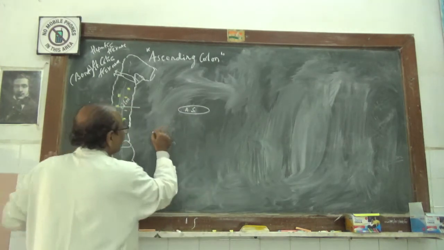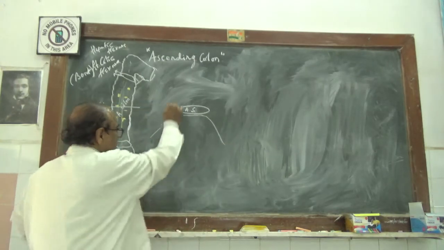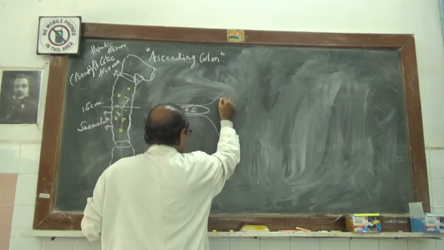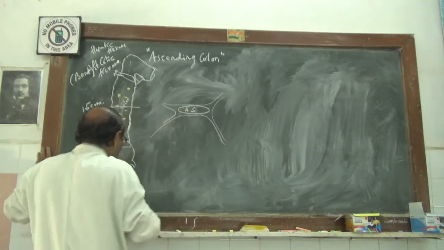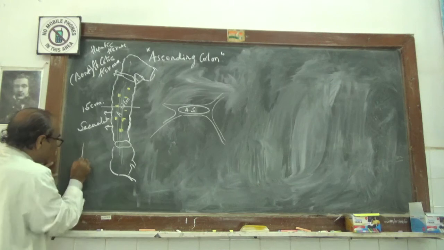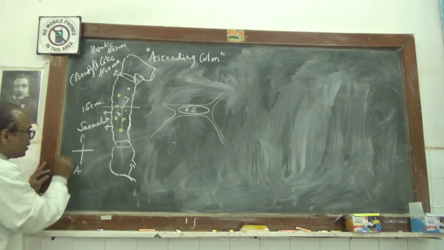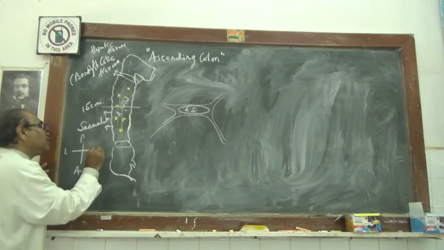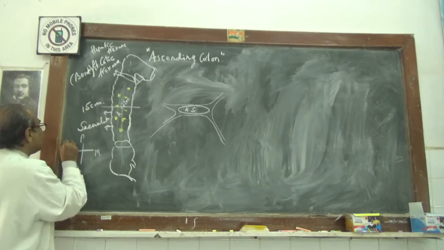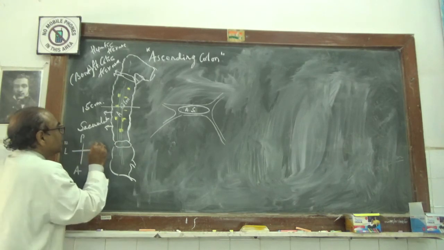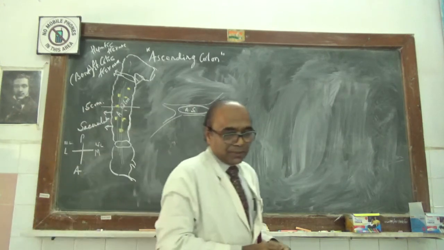Then you divide that into an arbitrary anterior and posterior. This may be the medial and this may be the lateral. So this is the anterior, this is the posterior, this is the lateral, and this may be the medial, or you can say it is the right lateral and the left lateral for our understanding.